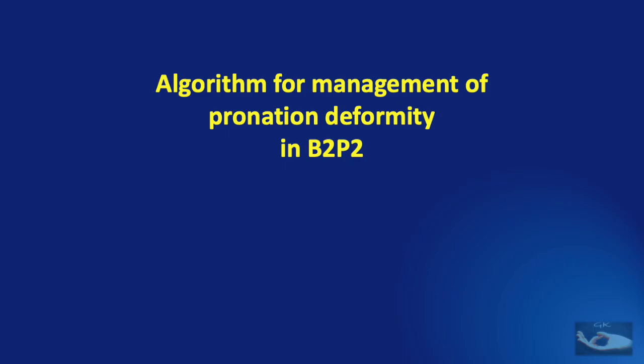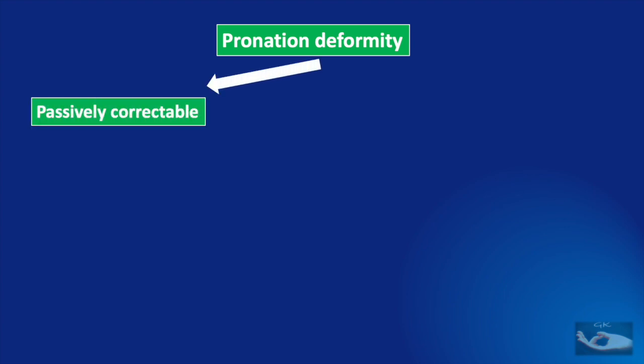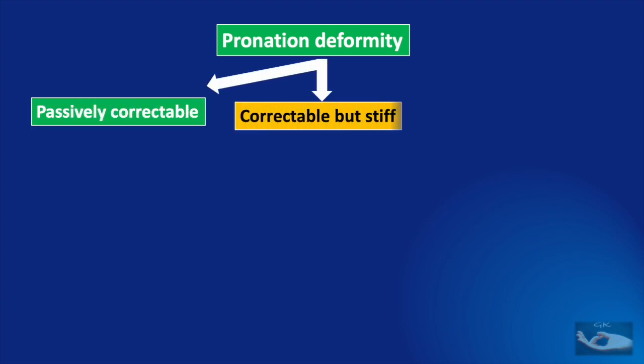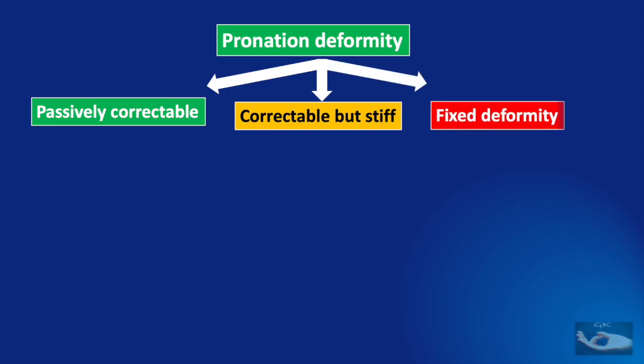Now let us see the algorithm for management of pronation deformity in birth brachial plexus palsy children. The pronation deformity could be passively correctable, it could be correctable but stiff, or it may be a fixed deformity.